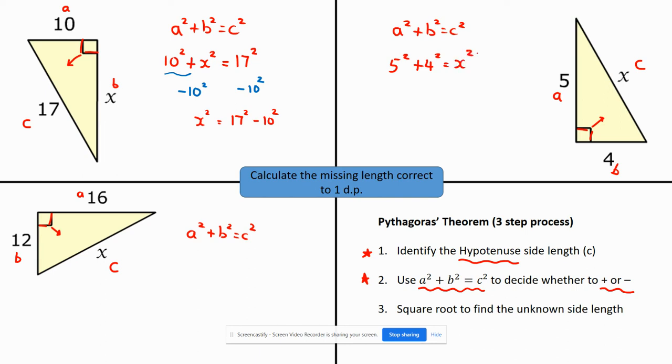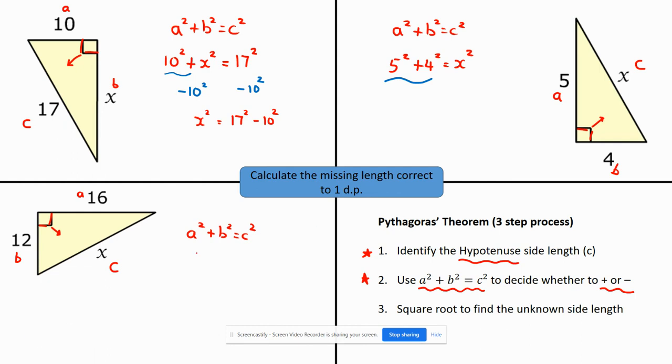Now, look at the difference in this question. In the previous question, we had to reverse the process to get x to be the subject. In this case, x is already the subject. Therefore, this is a question in which you simply want to add together 5 squared plus 4 squared. So that is a different type of question to this one. Let's check out question 3.